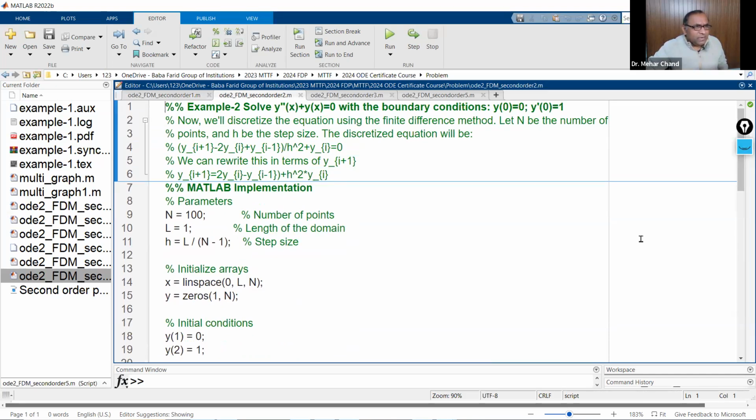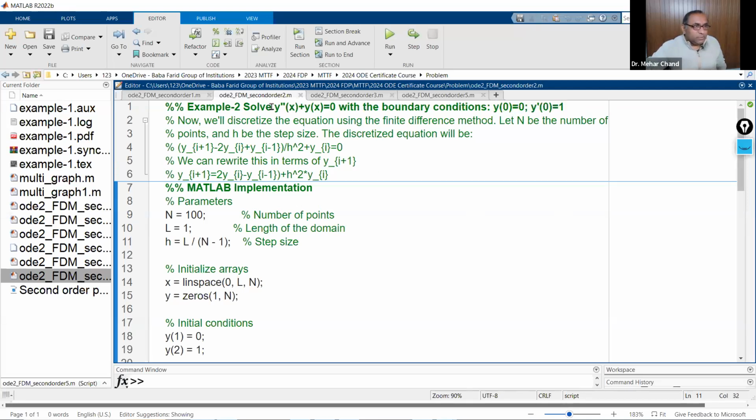So here we have one more example: y double dash x plus yx is equal to 0, with the boundary conditions y(0) is equal to 0 and y dash (0) is equal to 1. This is also the same approach, no big difference.